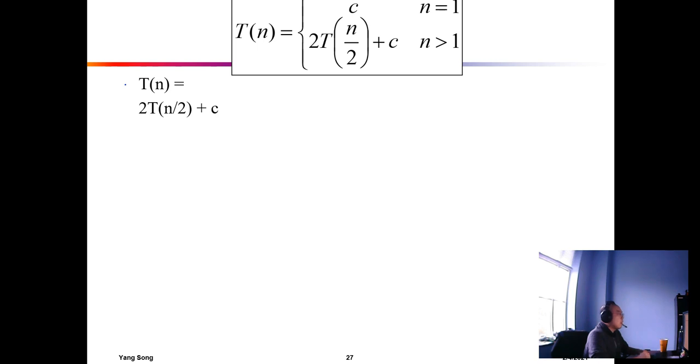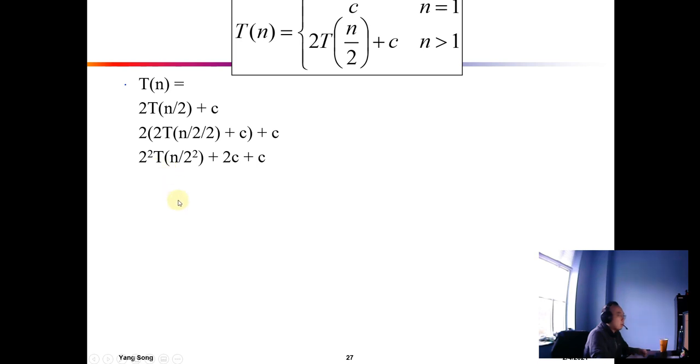So we start from here, T(n) equals 2T(n/2) plus c. Okay, and then we do one level. So T(n/2), and then in the parentheses we break it. We do one substitution. So 2 times 2T(n/4) plus c, and this is not so easy to read, but anyhow, let's do some massage, and then we got this one.